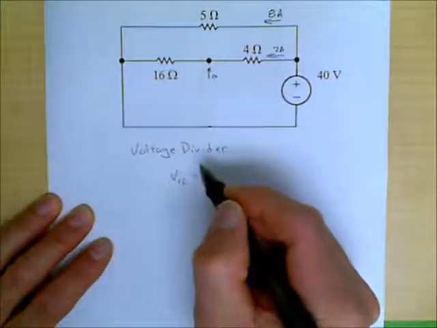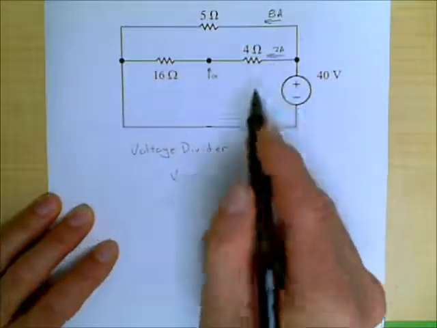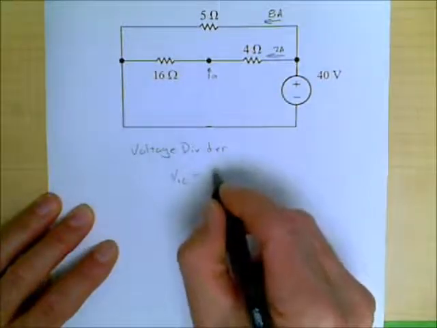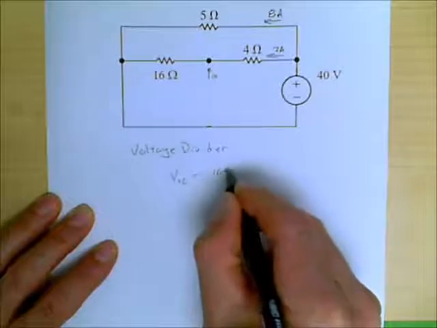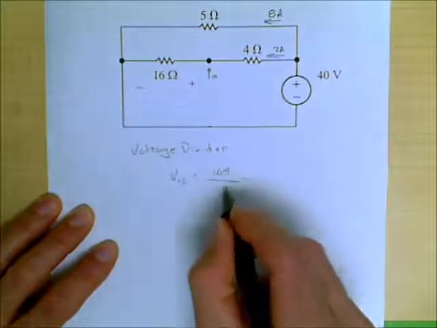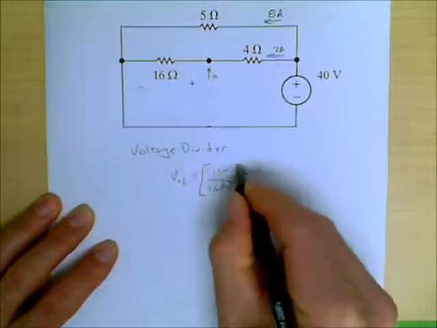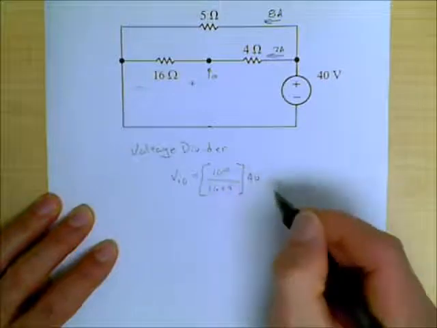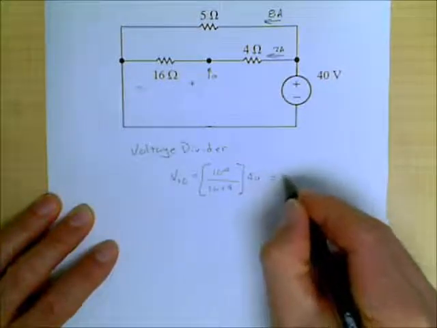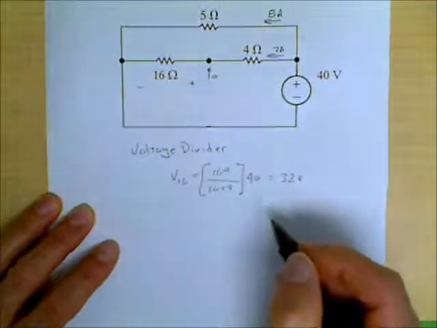There's no current at that central node, and so therefore this is a complete voltage divider, and so the voltage across the 16 ohm resistor is 16 ohms divided by 16 plus 4, all multiplied by 40. And so this is equal to 32 volts. 32 volts from our voltage divider.